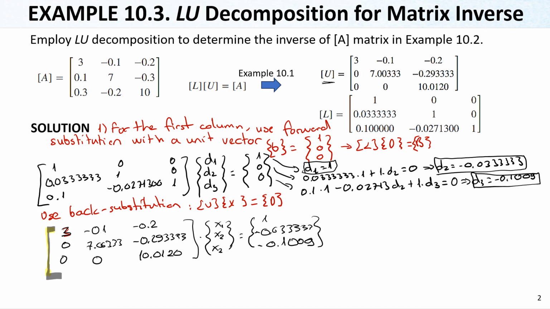If we solve this from back substitution, from here, x3 becomes minus 0.01008. I will not write the details, but from here, if we put x3, only x2 will be unknown. Then x2 is minus 0.03333, and from here then, back substitution, x1 becomes 1.